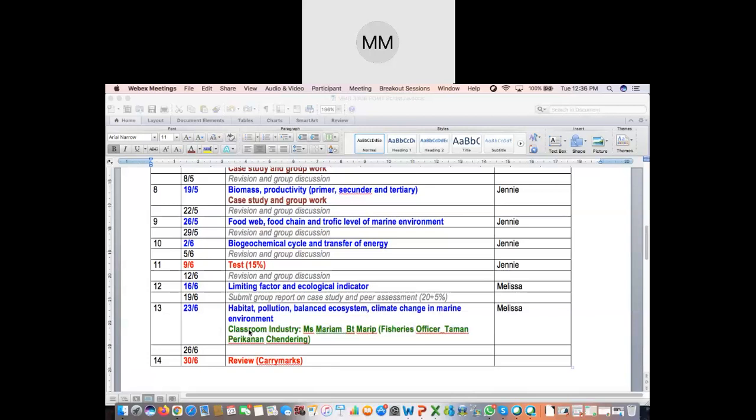During this session, we will have one speaker, Miss Mariam binti Marib. She's a fisheries officer from Taman Perikanan Cindering, from the Fisheries Department in Cindering. And she will give a perspective of why this is important for aquaculture and marine ecosystem balance towards the socioeconomics.